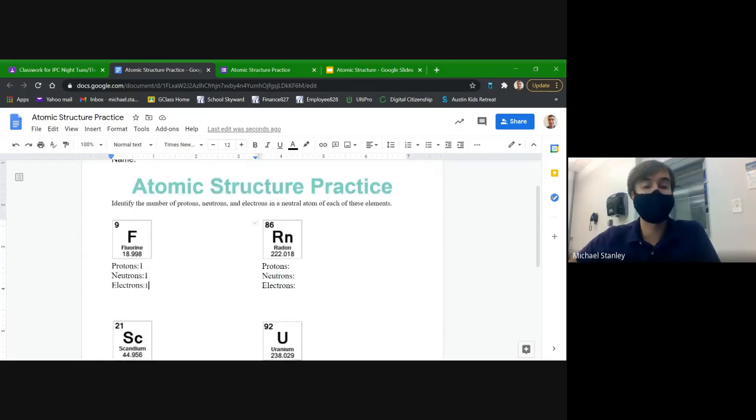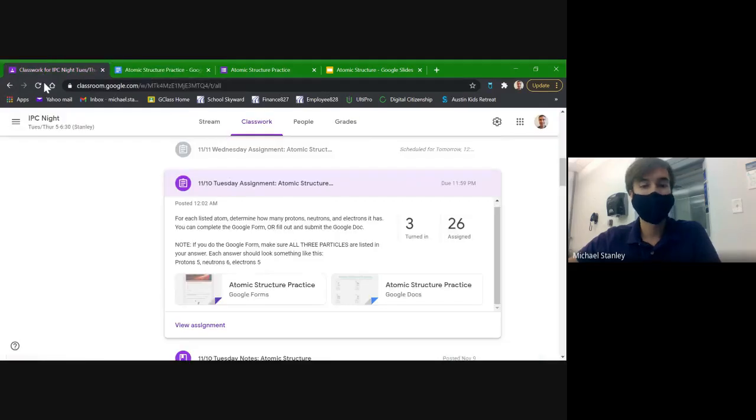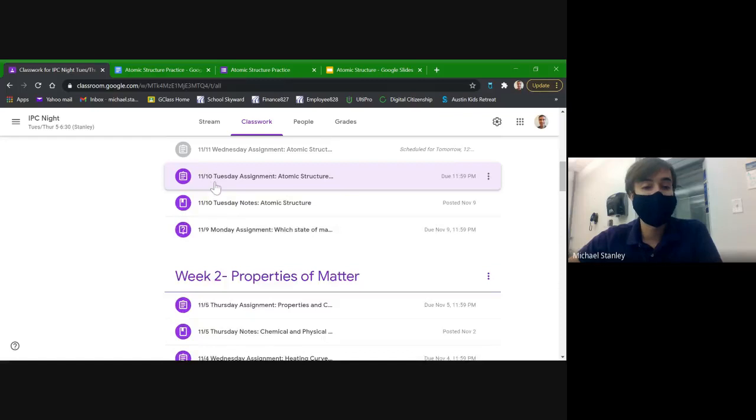Each one has the exact same atoms on it. It just differs in how you put in your answer. Again, it seemed like for the most part, you were pretty much understanding the proton, neutron, electron stuff that we were just doing. And that's pretty much everything that the Tuesday assignment is for.